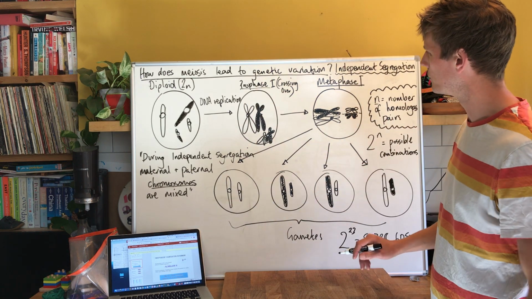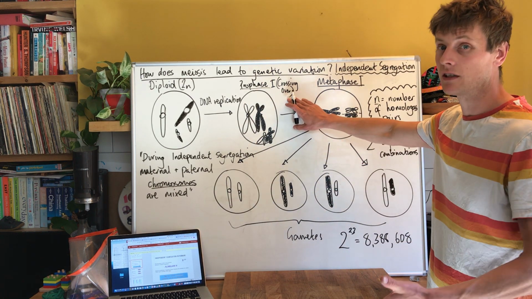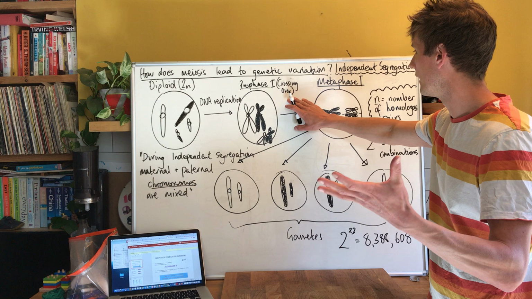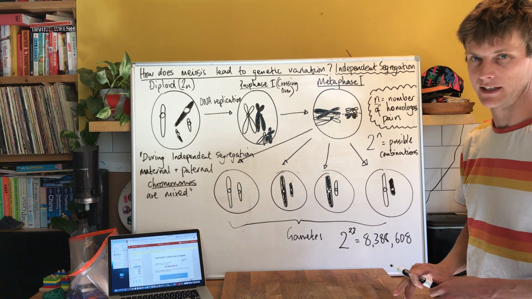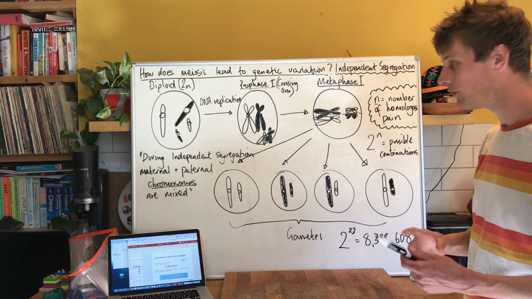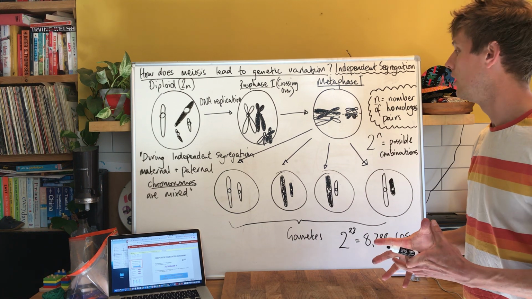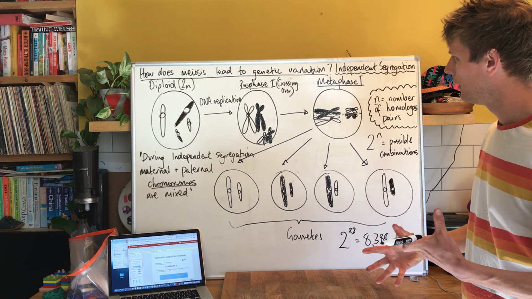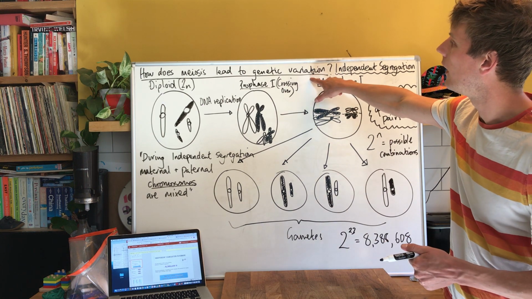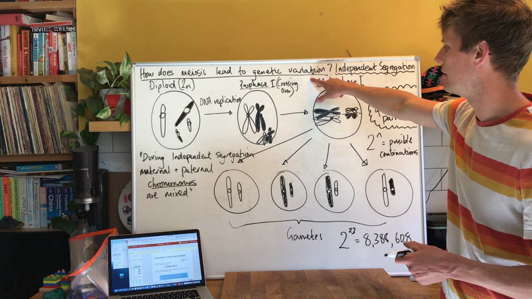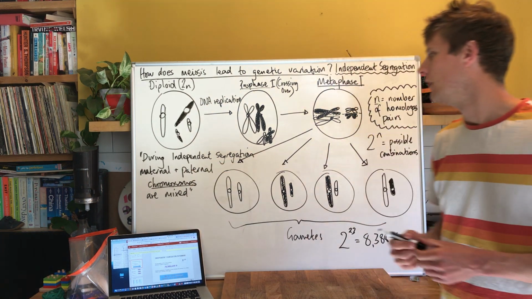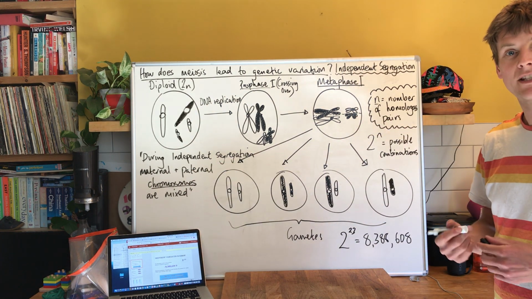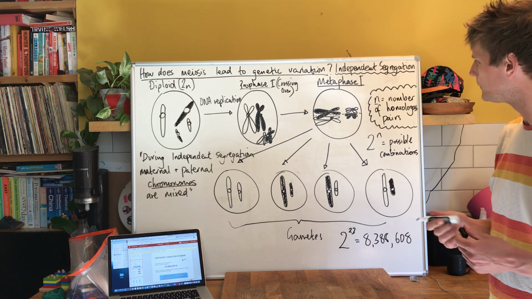So during prophase 1 is where we get crossing over. Sometimes it's infrequent, but it can happen. And during metaphase 1 is where independent segregation takes place. Your focus should be on understanding how that increases genetic variation. So independent segregation mixes the maternal and paternal chromosomes.